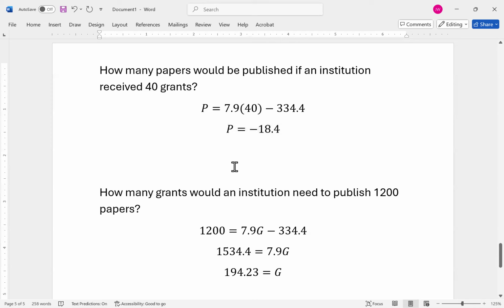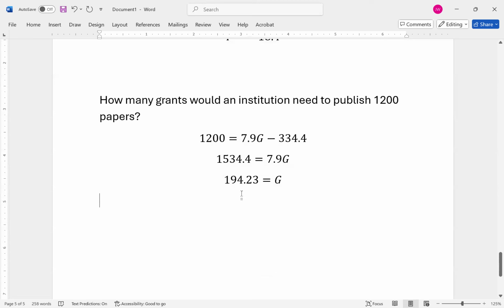Now, this is what the mathematical model gives in each situation. In this situation, obviously you can't publish 0.23 of a paper, or maybe you could do some weird counting. Maybe you're one of 4 authors and that counts as a quarter of a paper. I don't know, but usually not. Usually you publish a whole number of papers. Or, oh, I'm sorry, this was grants. So let's talk about grants. You wouldn't get 0.23 of a grant. Maybe you would. Maybe a single grant is divided up between institutions.